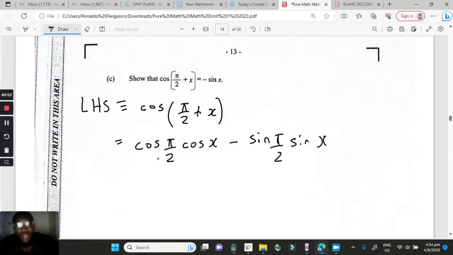But then we know that cos pi over 2 is 0.